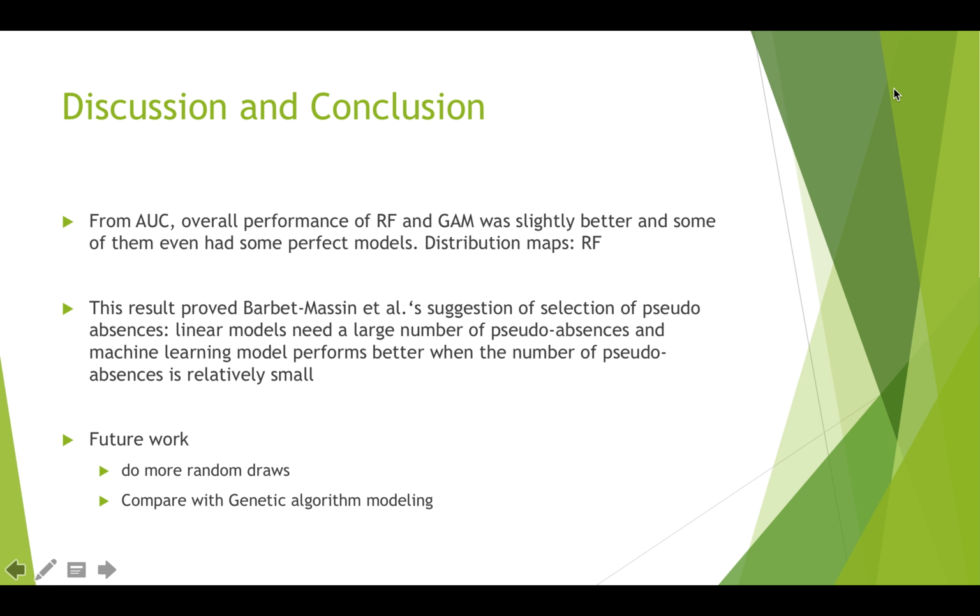My results also support Barbet-Massin's suggestion on the selection of pseudo-absence. He suggests that for linear models, we probably need a large number of pseudo-absences, and for machine learning algorithms, it will predict better if the number of pseudo-absences is relatively small.